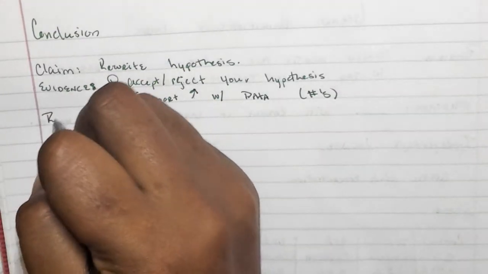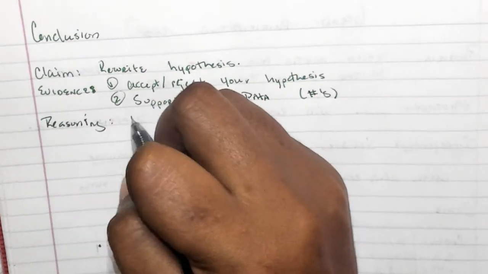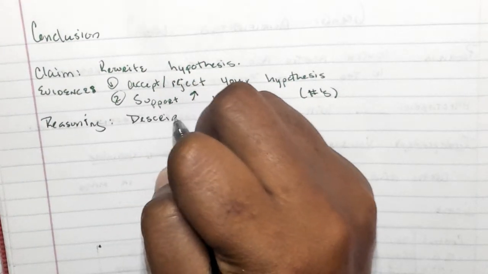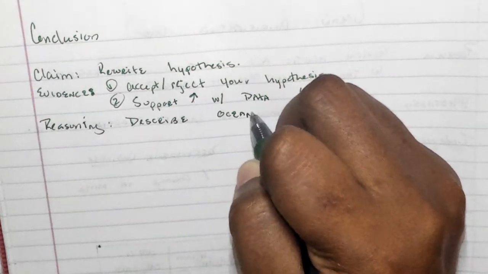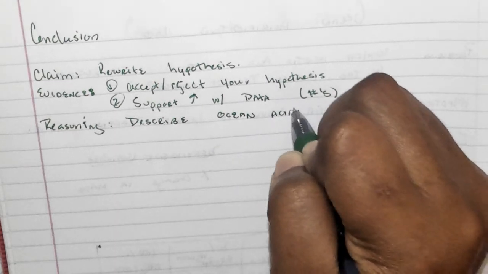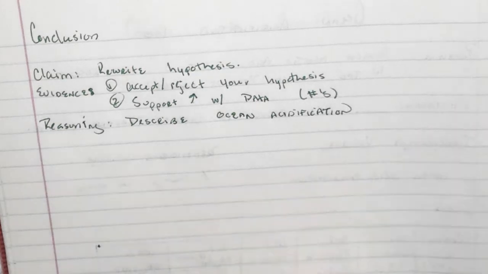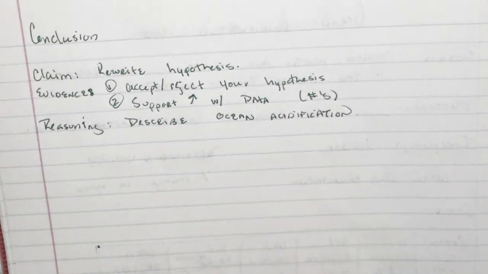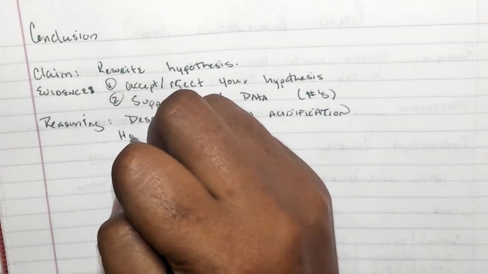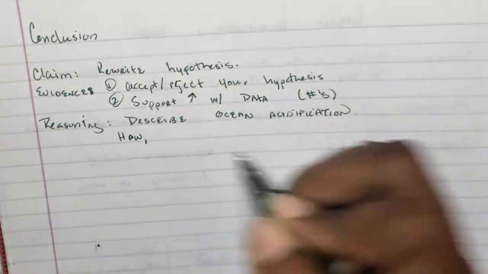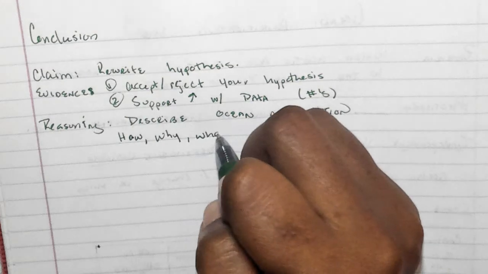Your reasoning is the most important part. Describe ocean acidification, how it happens and what its result is. So give me the how, the why, the what.